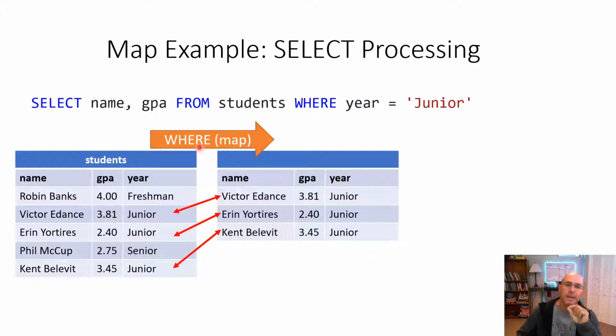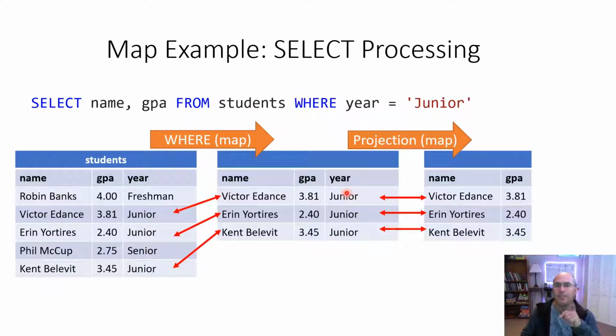Okay, so again, it's a map because the rows, the tuples are still there. The original tuple is still there somewhere. See, we can line them all up. Then this part, the projection, is another map. And this map says, with this input, if I have this whole tuple, I just want to take the name and the GPA from that tuple and produce another set of output.